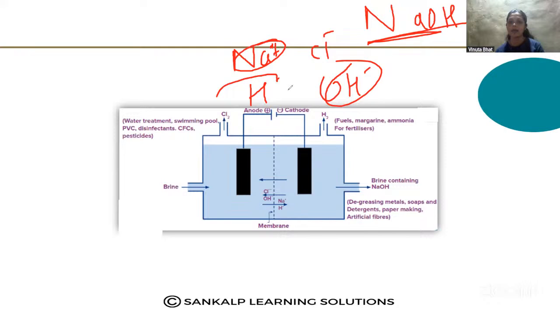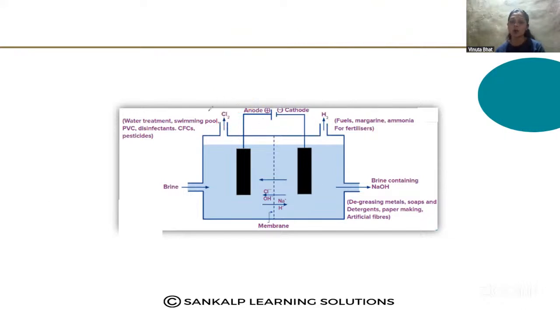Then the Cl minus ions and H plus ions at the anode and cathode form chlorine and hydrogen gas. It releases chlorine and hydrogen gas. So in this process, not only sodium hydroxide, along with the sodium hydroxide, chlorine is also formed.